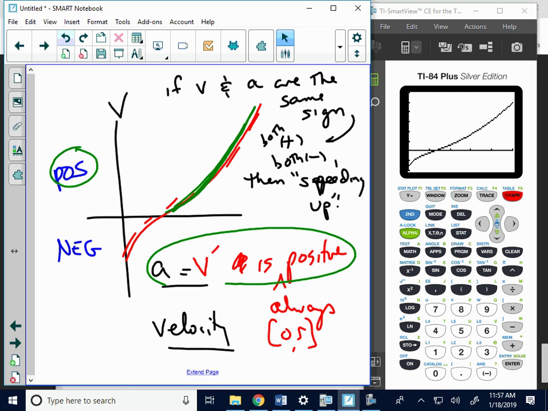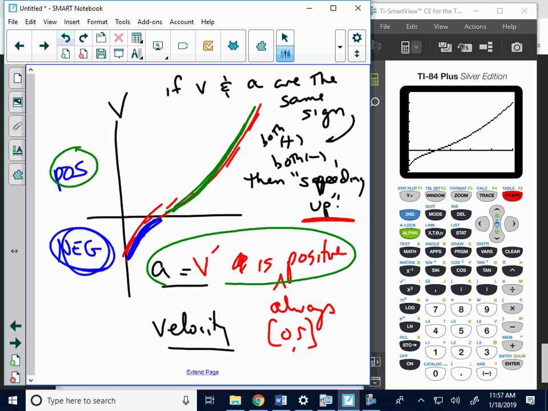How about if velocity and acceleration have different signs, like right in here? Here, the velocity is negative, but the acceleration is still positive, right? So if velocity and acceleration have different signs, what does that mean? Not speeding up, slowing down.